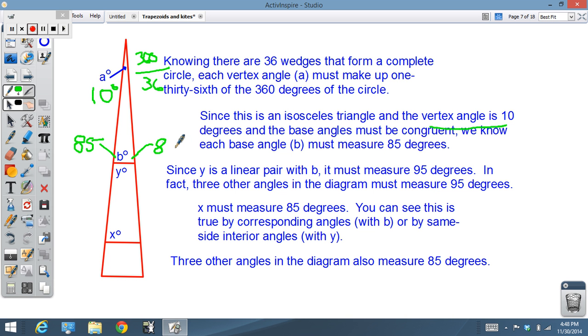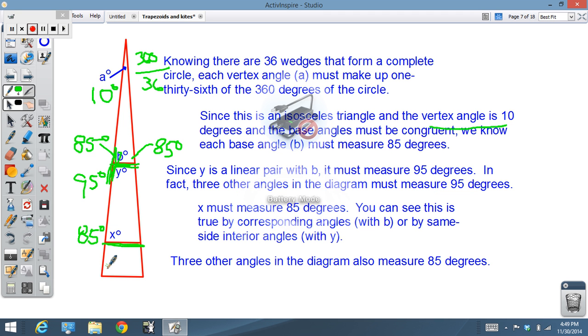All right. Okay. Now, since we have a linear pair right here, that means y must equal, what does that leave? 95, right? To add up to 180 to make the straight line here and here. All right. Now, isosceles trapezoids, x also has to be 85.